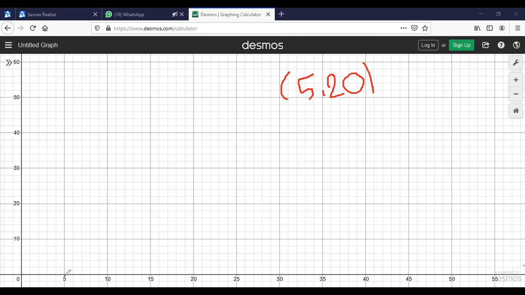Then 20 means go to the north, go up 20 steps. So now you're here, and that's done. So this is the point, right? So this point has an address. How can I reach it? This is the address of it. This address is called an ordered pair, okay?